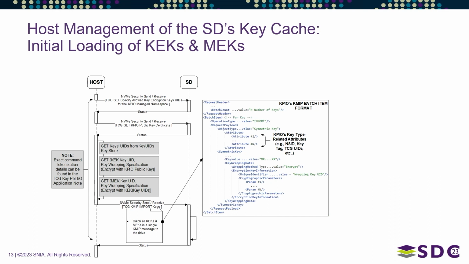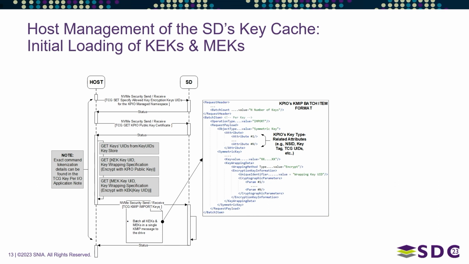This is an example. KMIP has bindings, for example, XML versus binary. This is the XML view of the KMIP commands that would essentially be injected into the drive. Now, we're not using ASCII text, if you will.